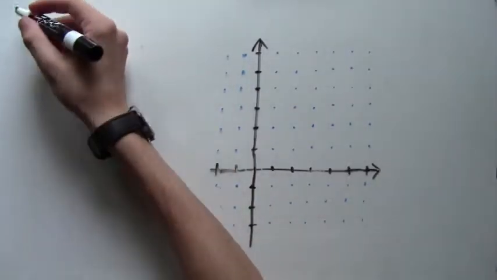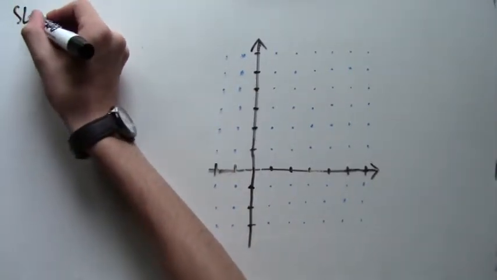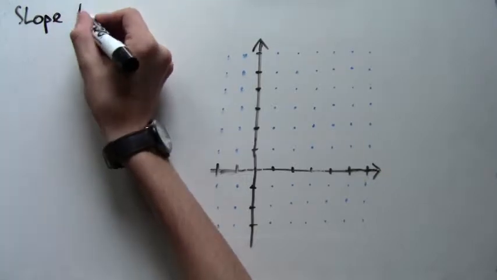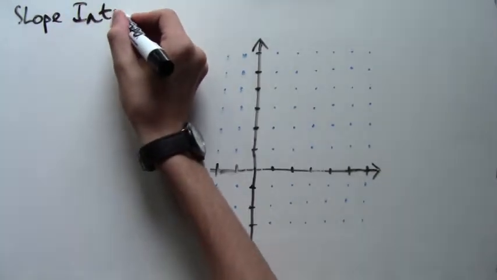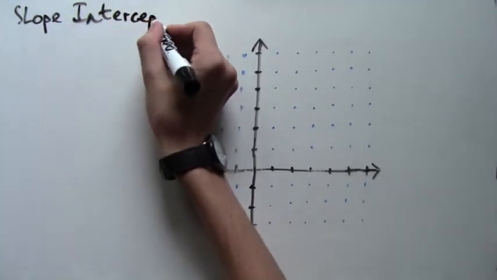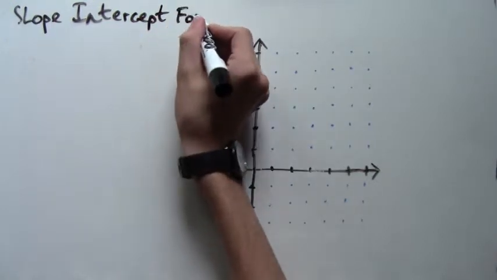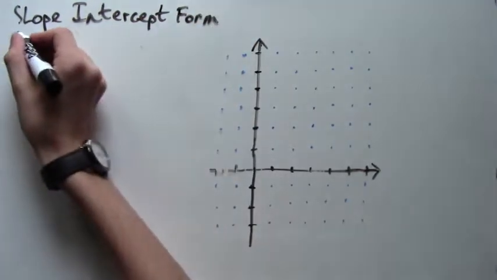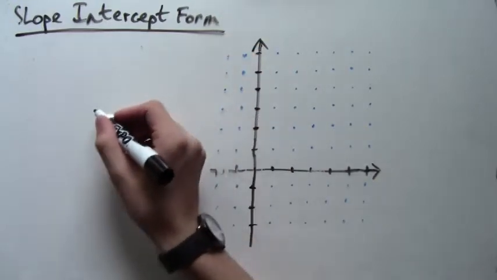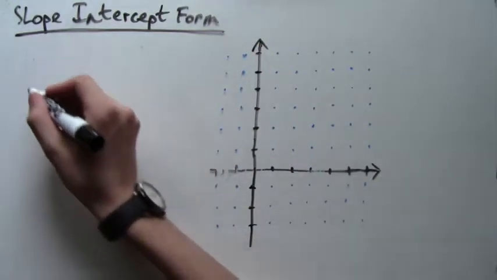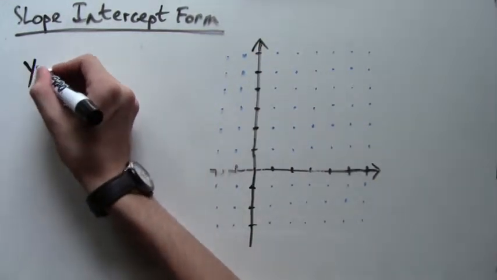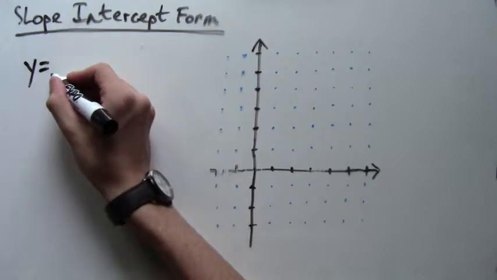In this video lesson, we will learn how to use slope-intercept form to plot linear functions. As we know, linear functions have the form y equals some number times x plus some other number.